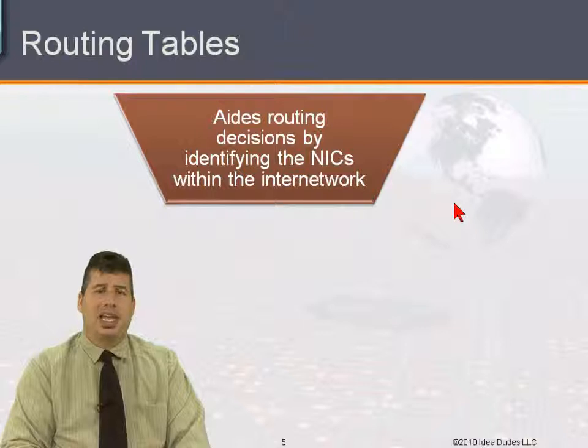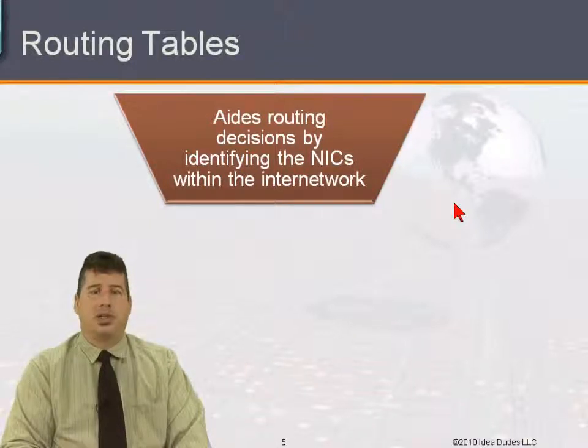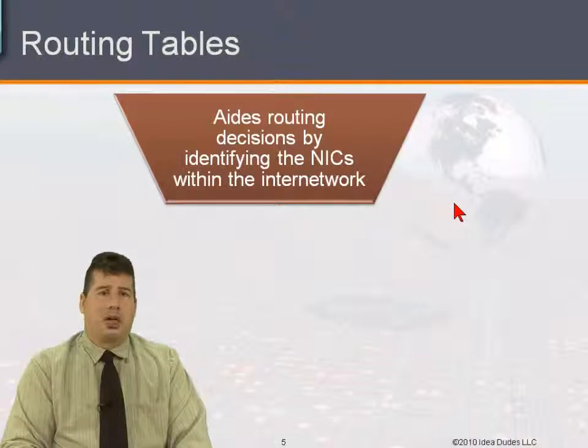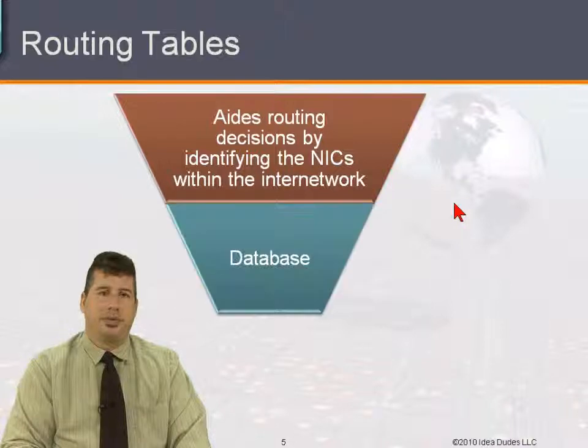So routing tables aid routing decisions by identifying the network interface cards within the internetwork. Really, it boils down to, we've got a bunch of NICs out there, and they have IP addresses, and the table is keeping track of where they are located. It allows us to find the fastest route, which is known as the cheapest route, the cost.